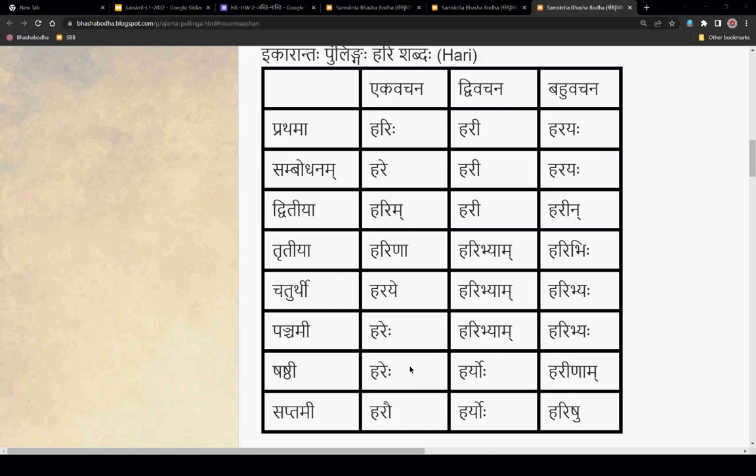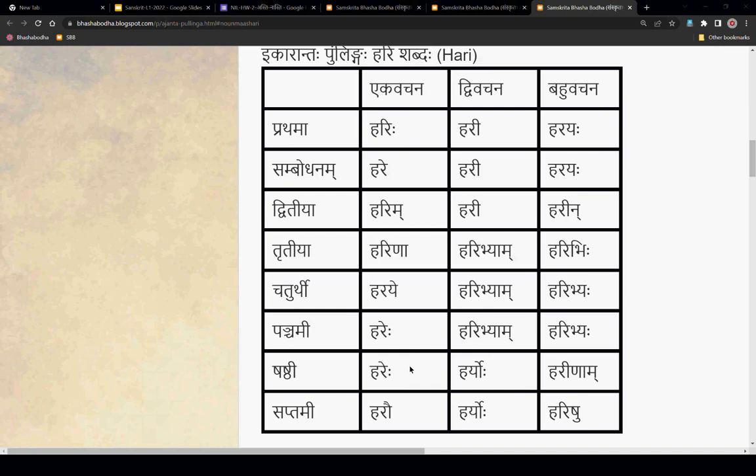Similar to Hari, we have other words like Kavi and Muni, Roshi, Agni.